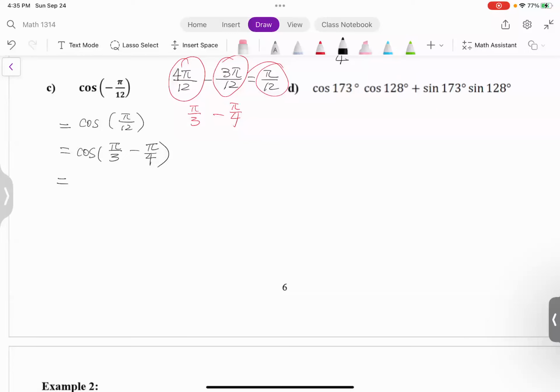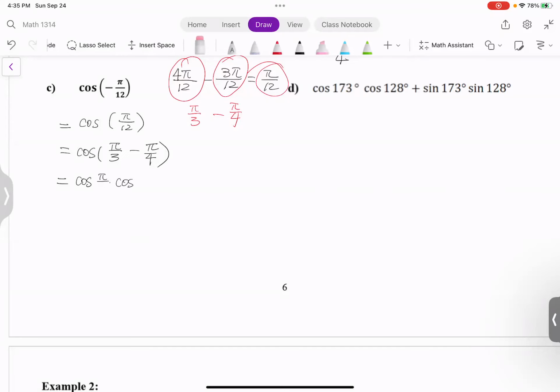Okay, let's break it down. That's cosine pi over 3 times cosine pi over 4. Then here is minus, so I must have plus: sine pi over 3 times sine pi over 4. What do we have?